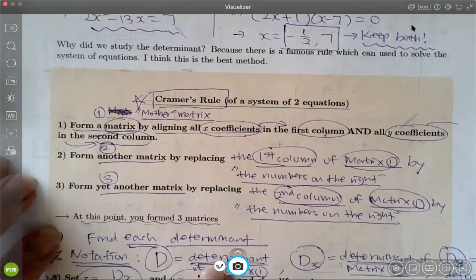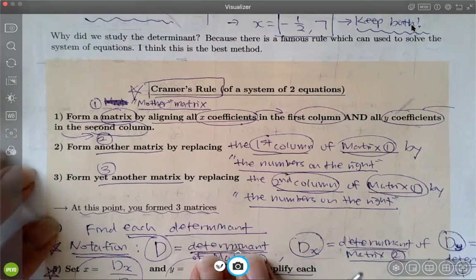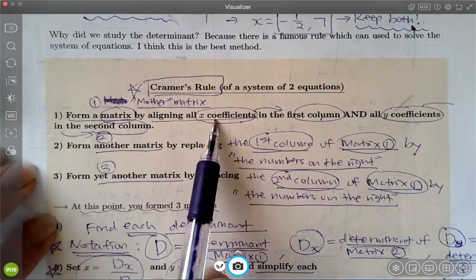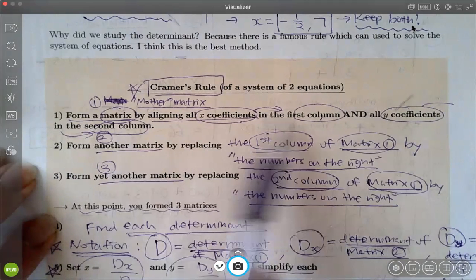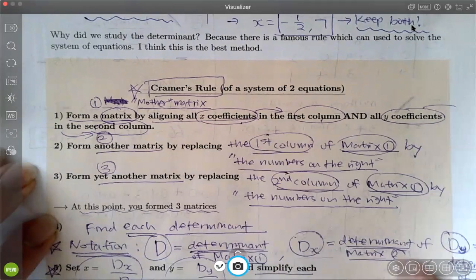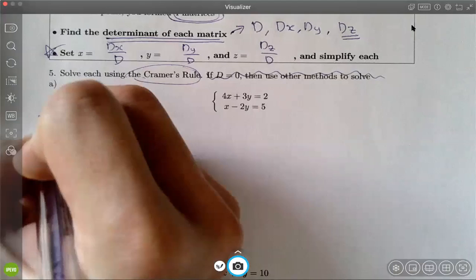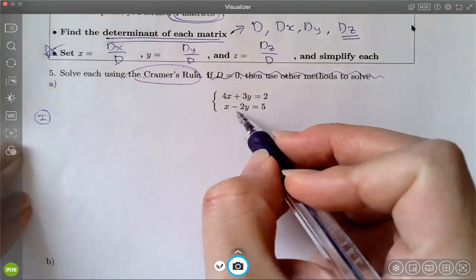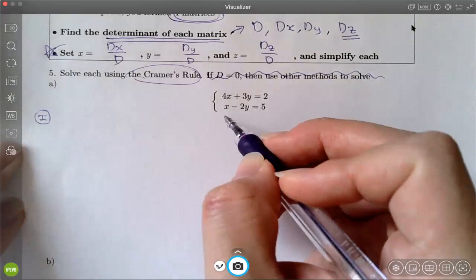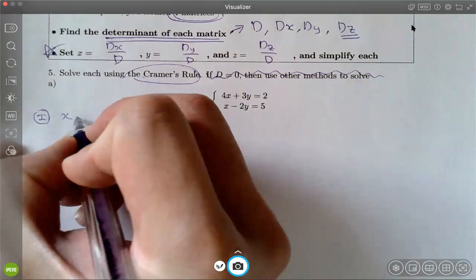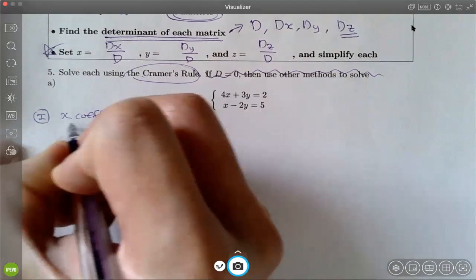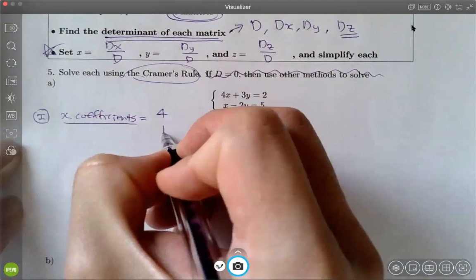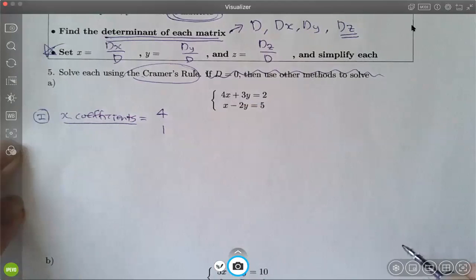First, what do we do? Take all the x and y coefficients and put them in the first and second column respectively. What are the x coefficients? 4 and 1. Why did I write them vertically instead of the usual horizontal way?